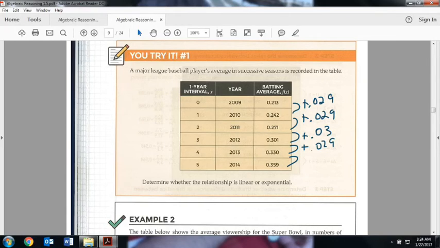And then last but not least, 0.359 minus 0.330 is 0.029.